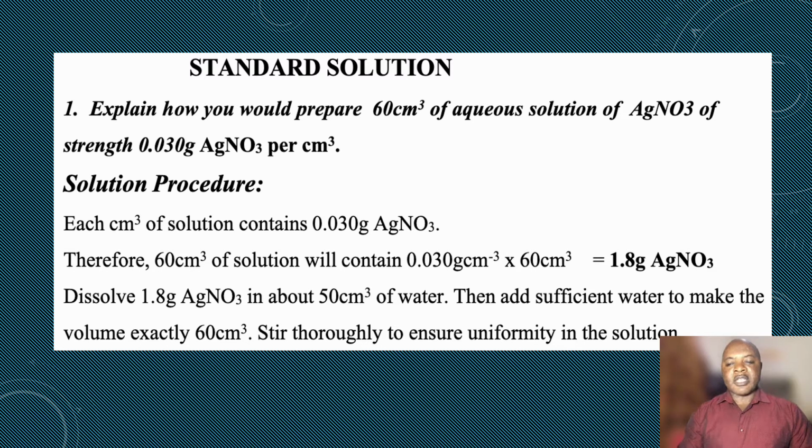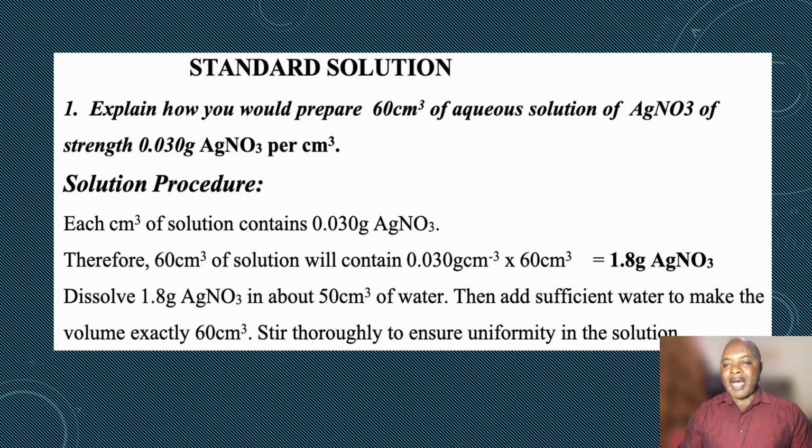So since we have the number of moles and we know the molar mass of silver nitrate, to have the mass that will be dissolved, we multiply the number of moles by the molar mass and we'll have the mass. And the mass will be 1.8 gram of silver nitrate.